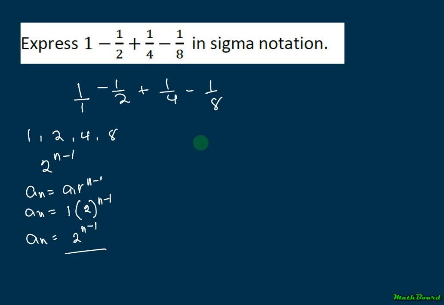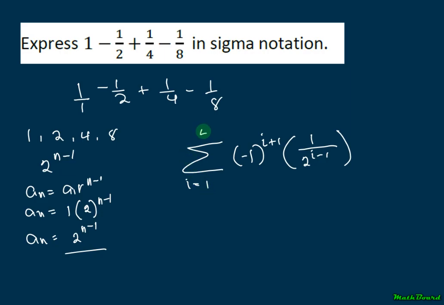So we can now find the sigma notation form. That is, the summation of, since it is alternating and starts with a positive, we multiply by negative 1 raised to i plus 1 times 1, the numerator, divided by the nth term of the denominator, which is 2 raised to i minus 1, from 1 to 4.